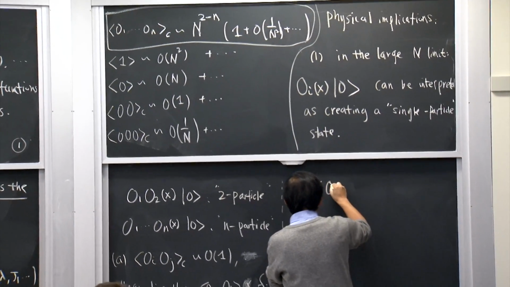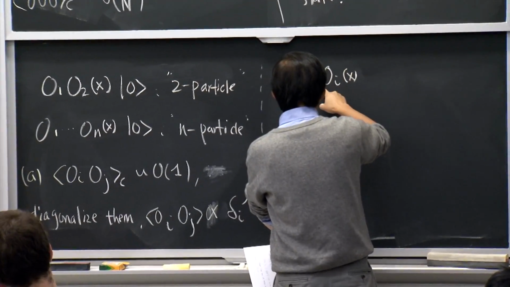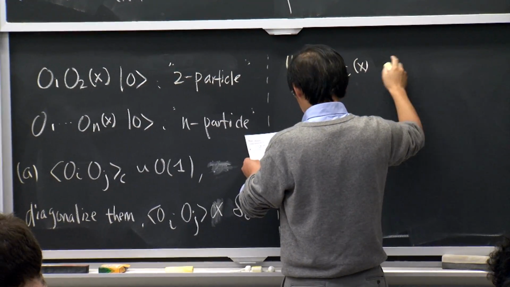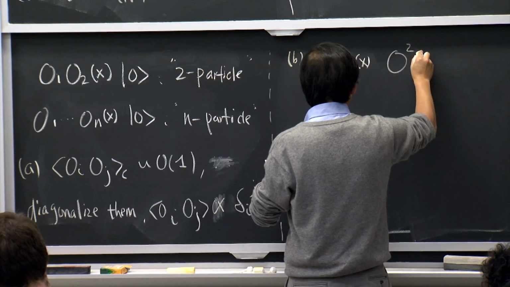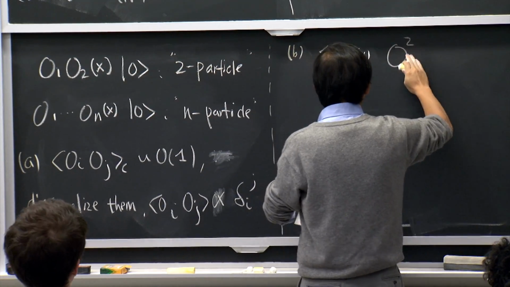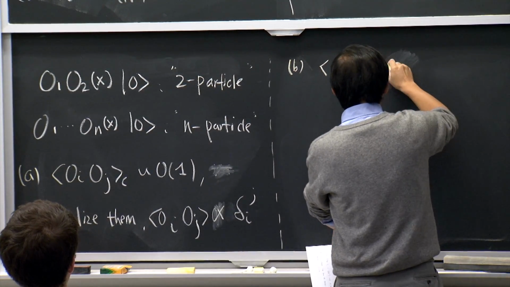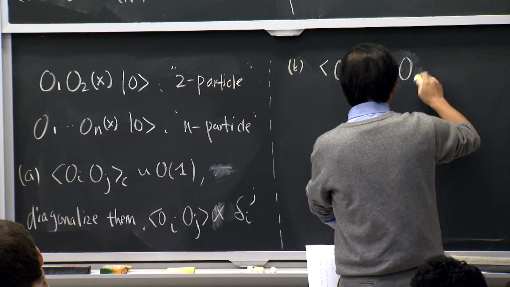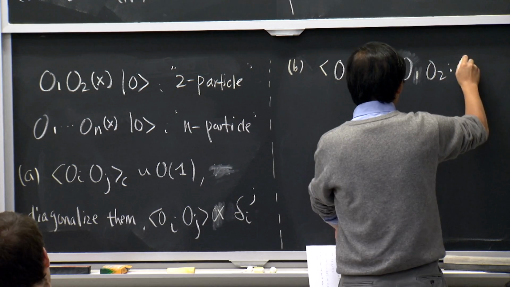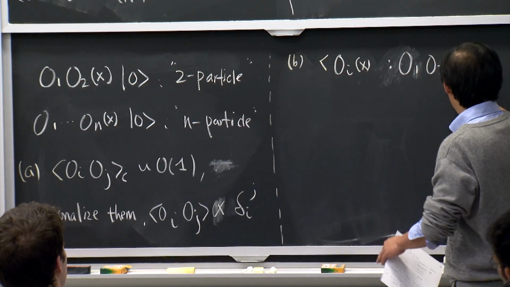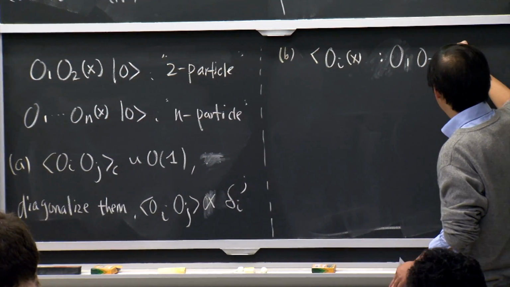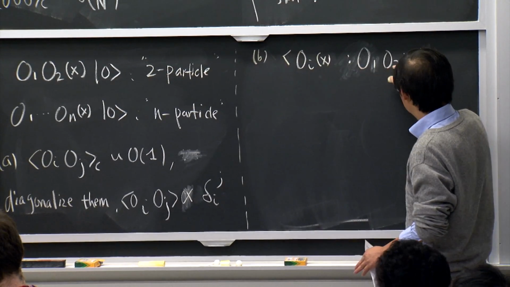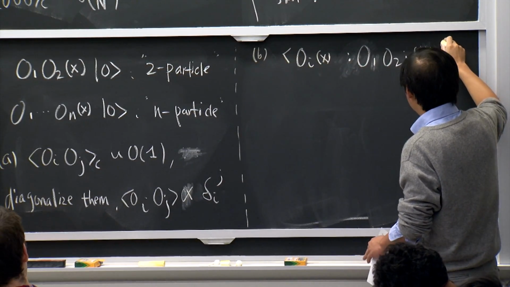So if you look at the overlap of a single particle state with a 2-particle state, say some double trace operator, to avoid confusion, let me use this notation to see it as a single operator.